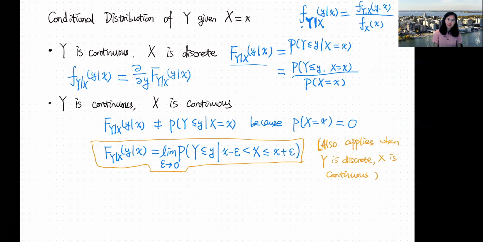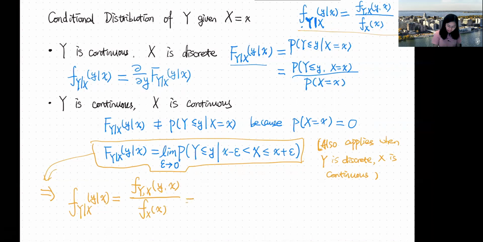When both Y and X are continuous, when both have probability density functions, it turns out that this definition implies that the conditional probability density function is in fact of the same form as in the discrete case, where this joint probability density function is the cross derivative of the joint CDF of the two random variables.